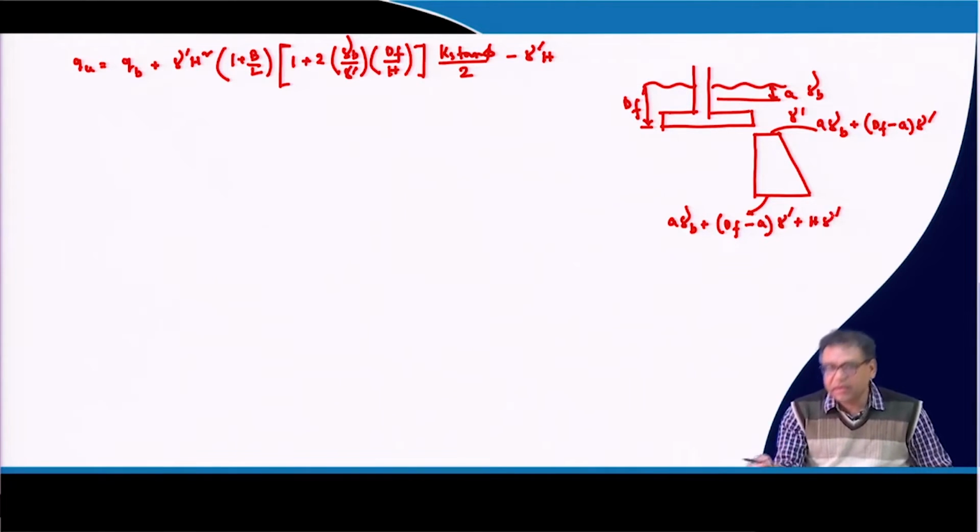So, then you determine this trapezoidal area and then multiply with half into h, then you will get the force, because you have to multiply with the k, because that k part is already incorporated in the equation.